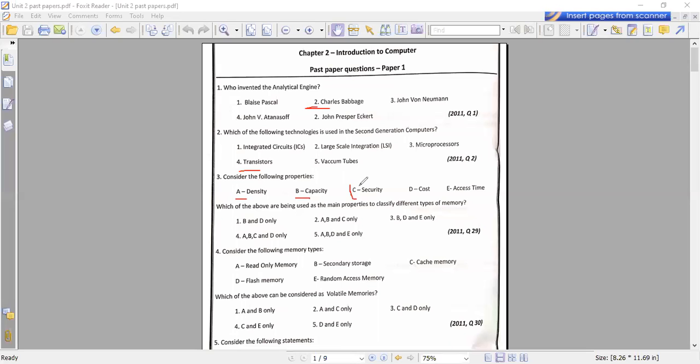Security, we are not worrying about security. Memory එක මේවා කරද්දී අපි security, we are not worrying about that. Cost we have to consider. Access time also we have to consider. So A, B, D, E should come. The fifth answer should come. Some of you have put the correct answer.